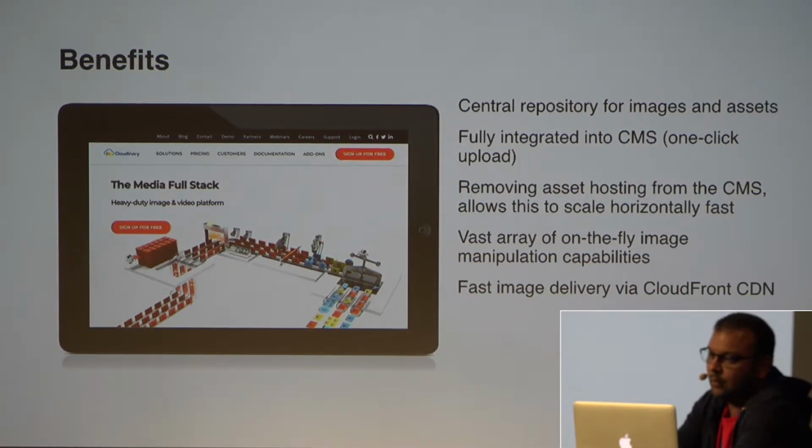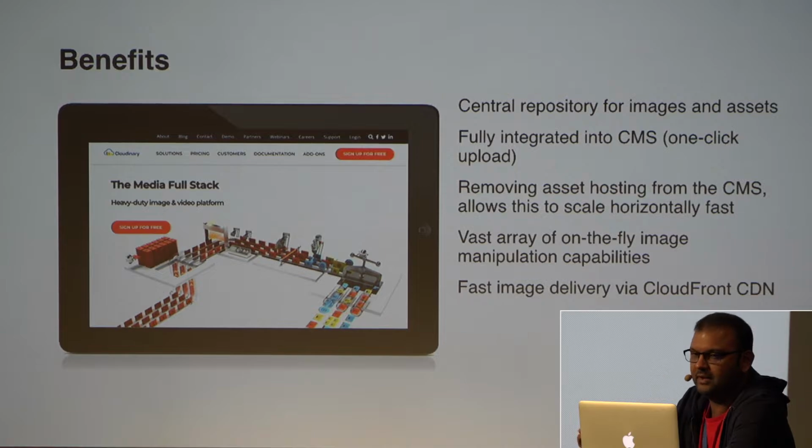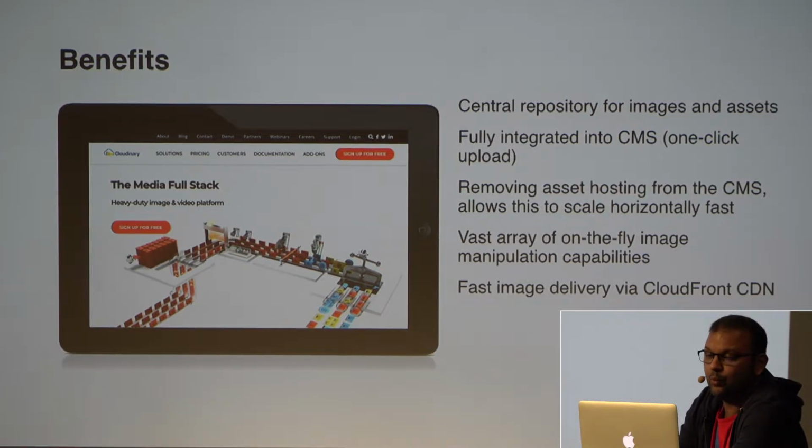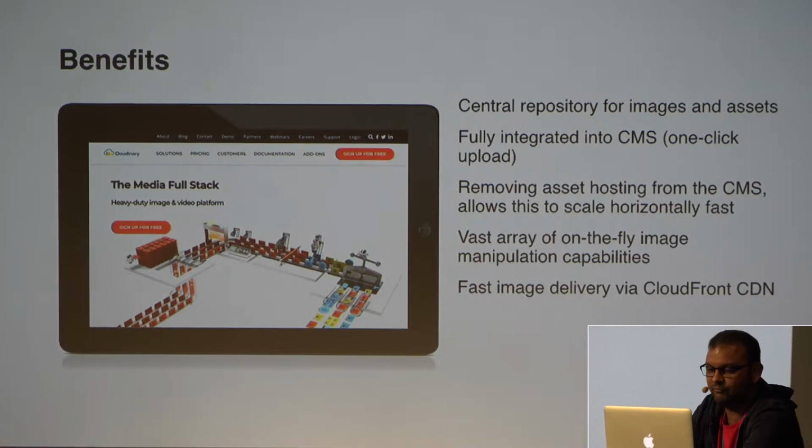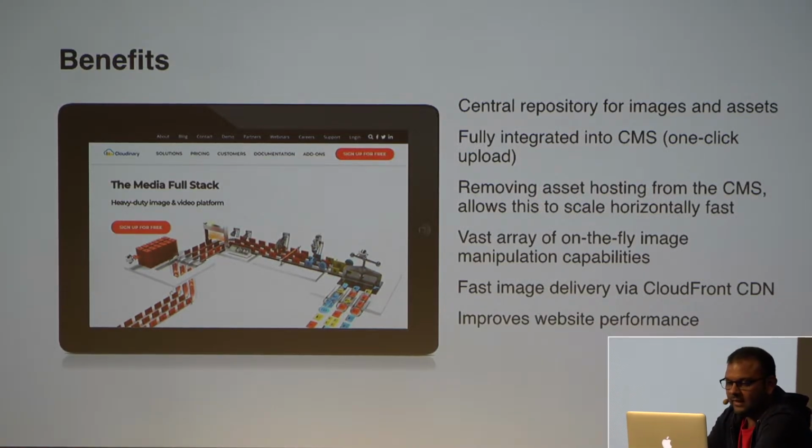And all the assets come via CloudFront CDN, so it doesn't matter which region you are in, the assets will be delivered rapidly. And that's even with the transformations that you apply. If you request a resizing of the image, it'll take less than a second to get that image back because it's just rapid. And all of that combined helps us improve the website performance.